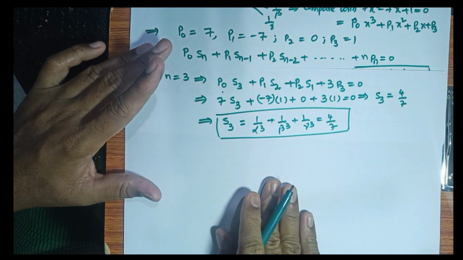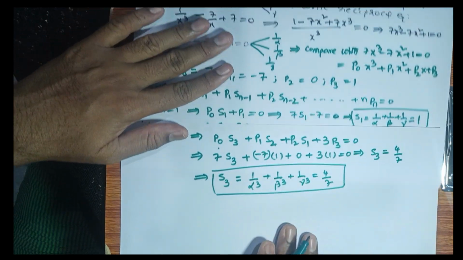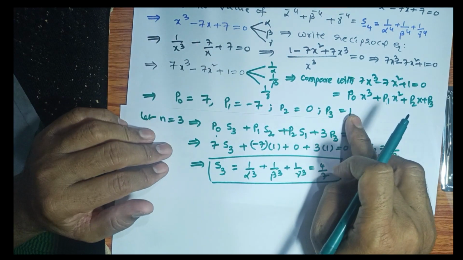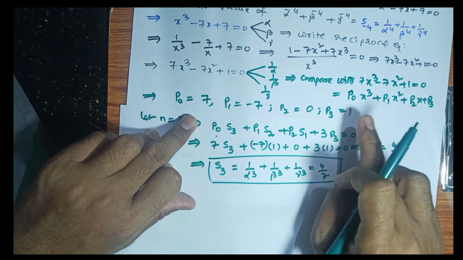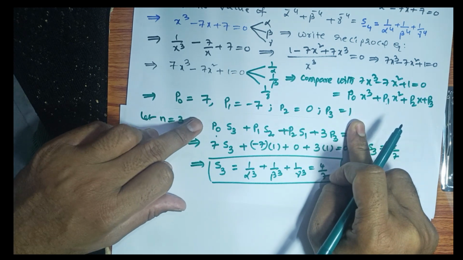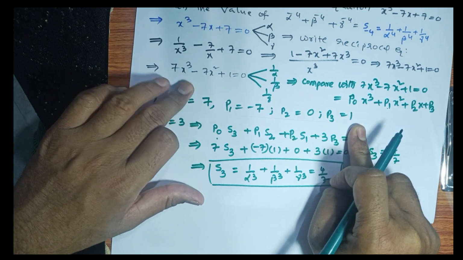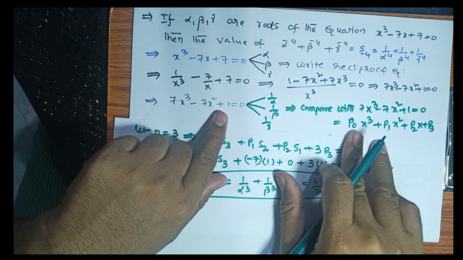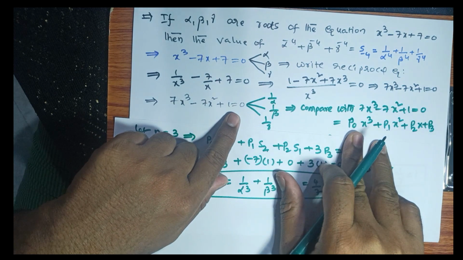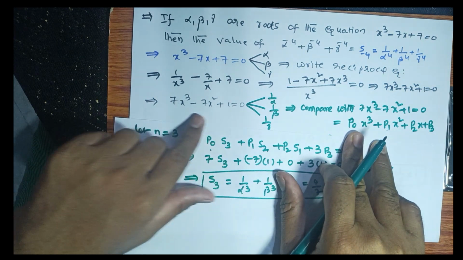We require S4. To find S4, we need P4, but we don't have P4. For that purpose, take the equation 7x cube minus 7x square plus 1 is equal to 0, and multiply with x on both sides.